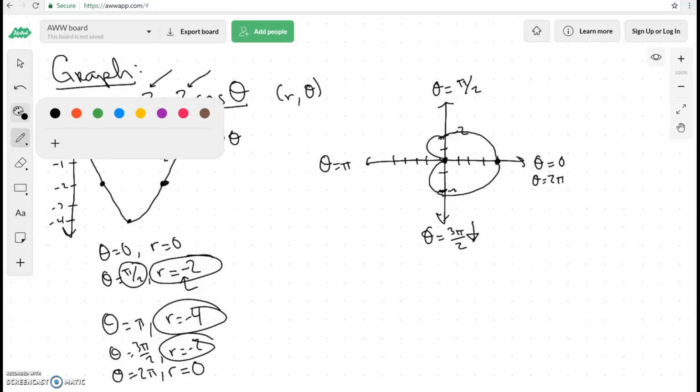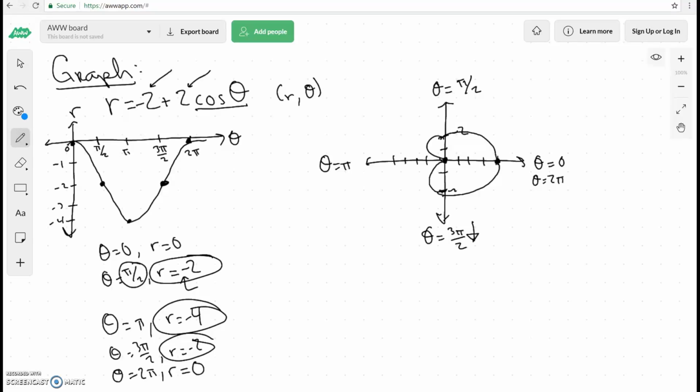Even though theta was equal to pi over 2 over here, going this direction, our radius was -2, so we were going opposite. At this point, -2 was down here. That's why we were there. But remember, we're still in the theta equals pi over 2 direction. This was a little bit of a harder problem, but I think it's going to be good for you.